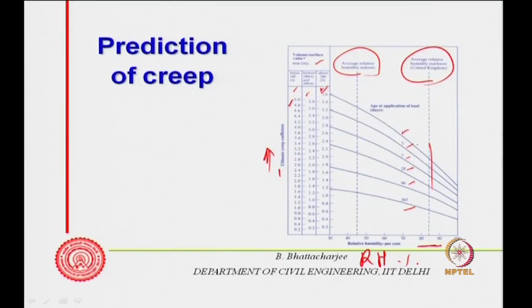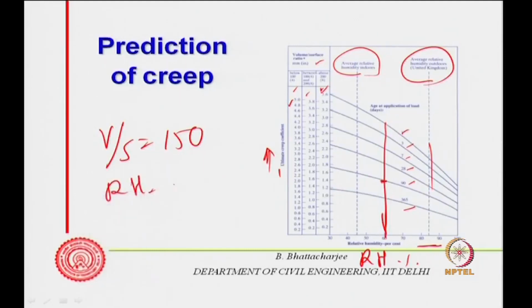So, this is a kind of nomogram. Let us say I have 60% relative humidity, and I am interested in the ultimate creep coefficient at 90 days. Then I come to this curve, and my volume to surface area ratio is, let us say, below 200, above 100, and this is more than 200. Let us say 150 mm. So, my V by S is 150, just hypothetically.